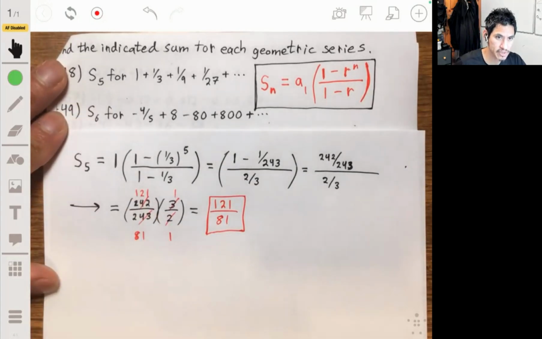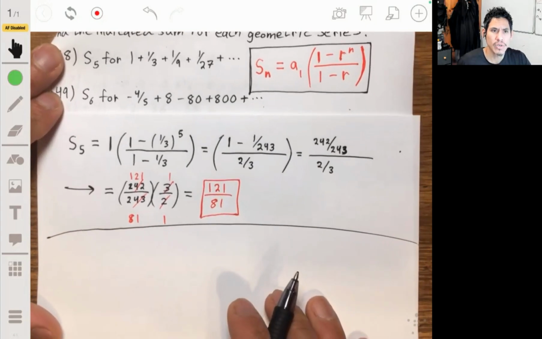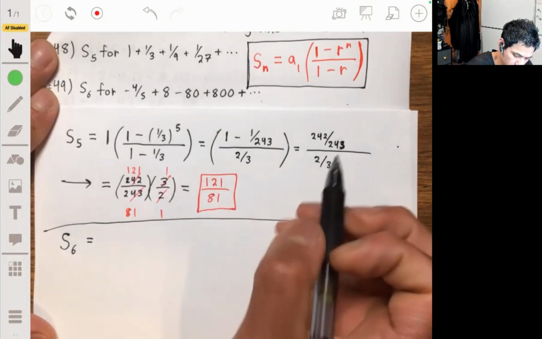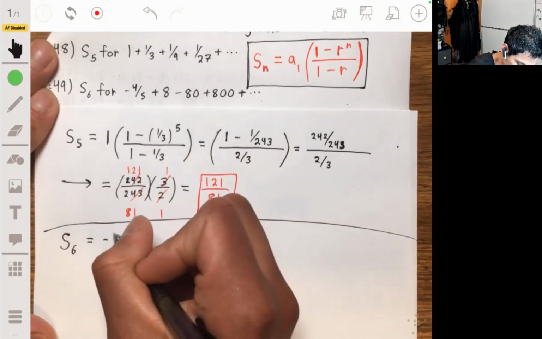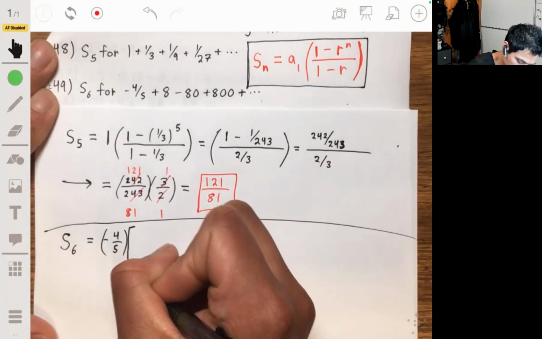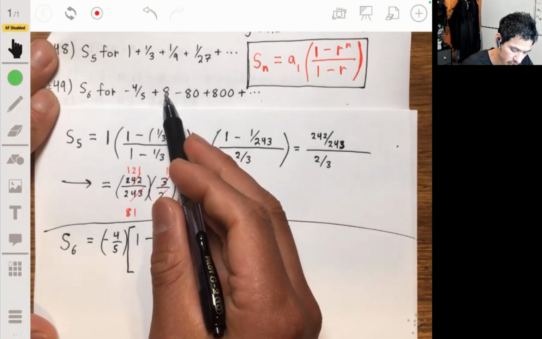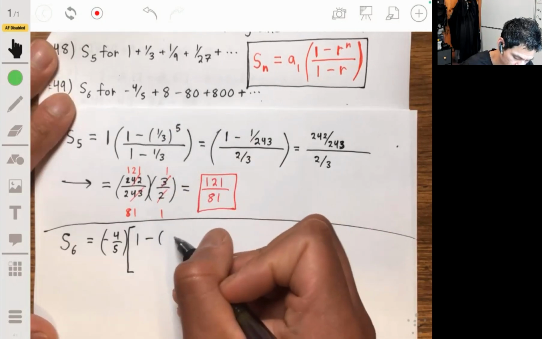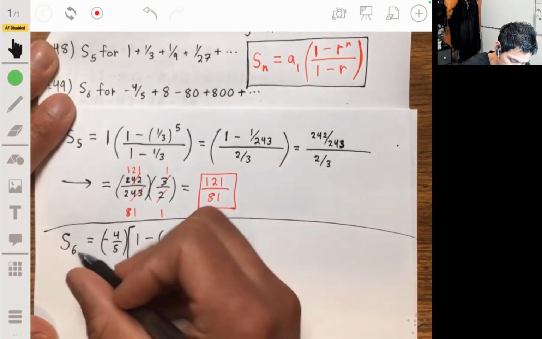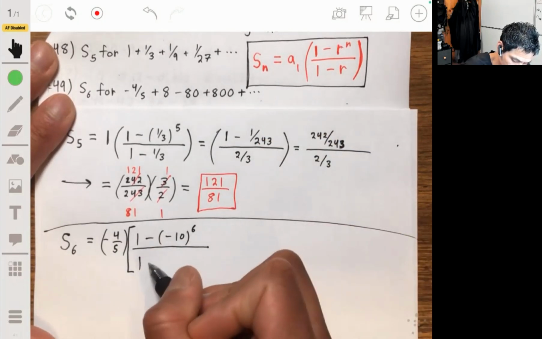The next one, we're trying to find S6, so the sum of the first 6 terms. So in this case, we have S6 equal to a1, which is negative 4/5, times 1 minus, the common ratio here will be negative 10, because you're multiplying each time by negative 10. So negative 10 to the 6th power, this n is 6, all over 1 minus negative 10.